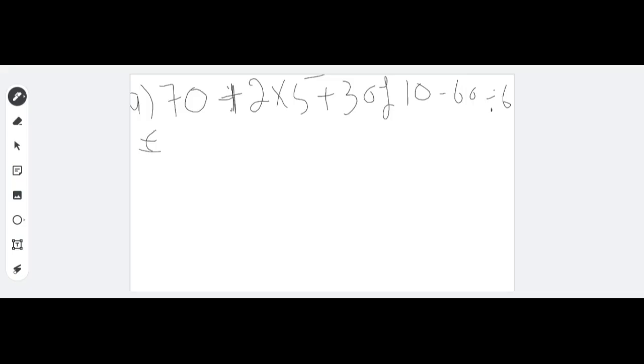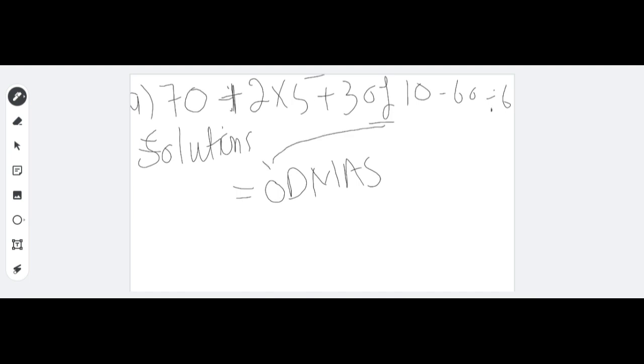Remember that for the solution, here we have to follow the ODMAS rule. Which rule? ODMAS rule, like O, D, M, A, S. So here we have the of. Of means the standard form of the ODMAS rule.